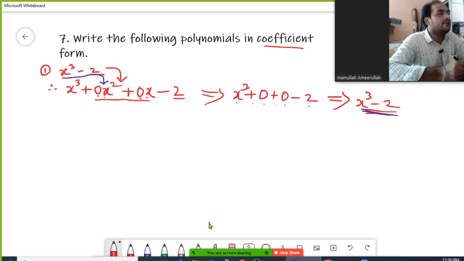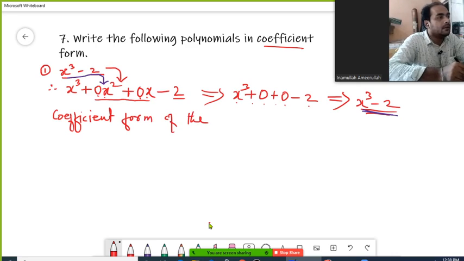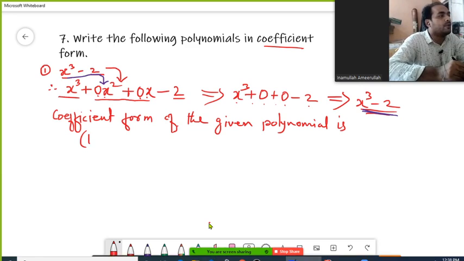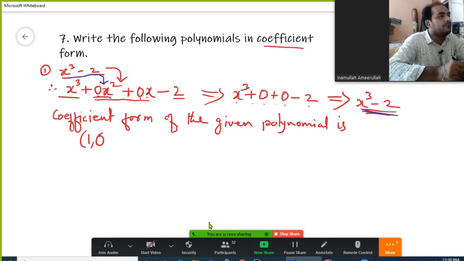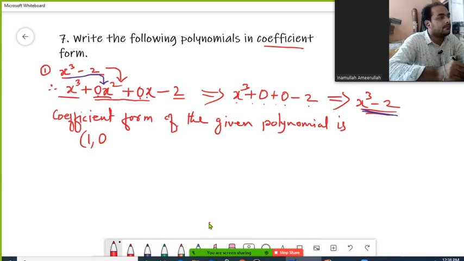Now, the coefficient form of the given polynomial is, look, this term has coefficient 1, this term has coefficient 0, this term has coefficient 0, this term has coefficient -2.